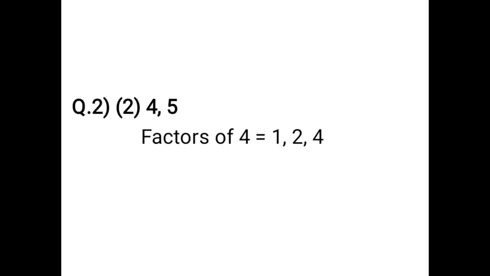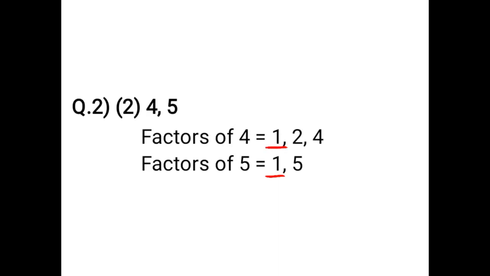Next, factors of 5. Factors of 5 is equal to 1 and 5. 5 is a prime number. Number 5 is not going in any other table. Okay. Number 5 is going in only one table. So that is 1 and 5. 1 five is 5, 5 ones are 5. Okay. Now underline the common factor.